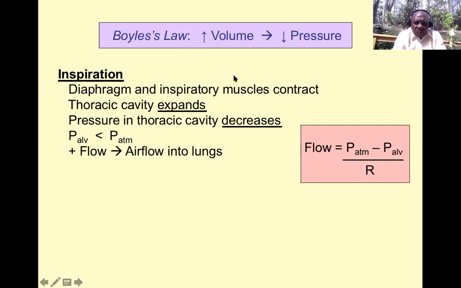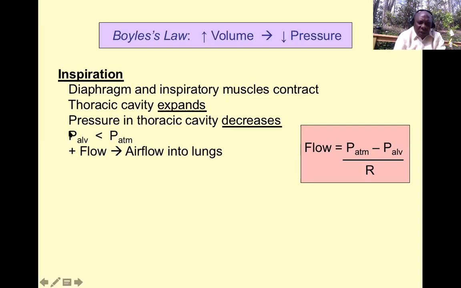The inspiratory muscles, when they contract, expand the volume sideways and forward. Collectively, they expand the thoracic cavity in 3D. Based on Boyle's law, when the thoracic cavity expands, the pressure in it will decrease.